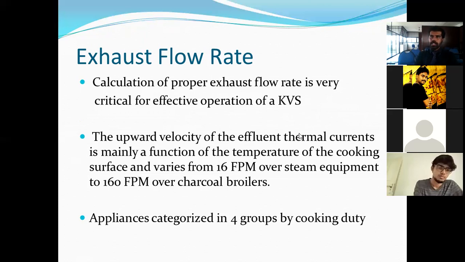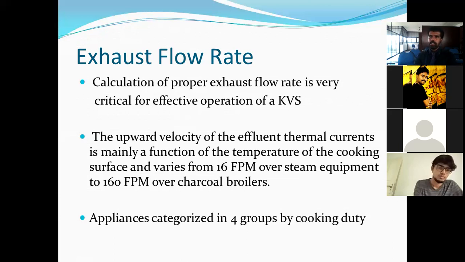When we are dealing with kitchen hoods, our duty is not only to design the kitchen hood or the size of the kitchen hood, but we need to know the CFM, the amount of air. When we calculate the amount of air, only then will we be able to size the duct, because the sizing of the duct depends upon the quantity of air, or we can call it discharge.